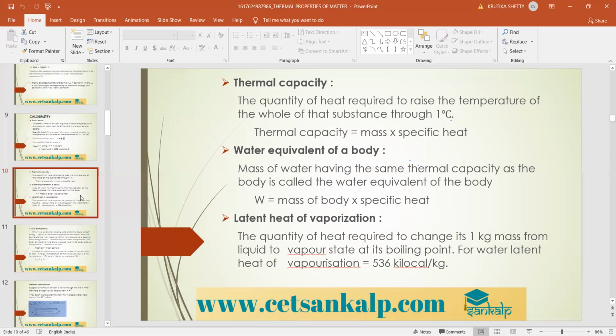That heat is called latent heat. Latent heat of vaporization is the quantity of heat required to change 1 kg of mass from liquid to vapor state at its boiling point. For water, the latent heat of vaporization is 536 kilocalorie per kg.